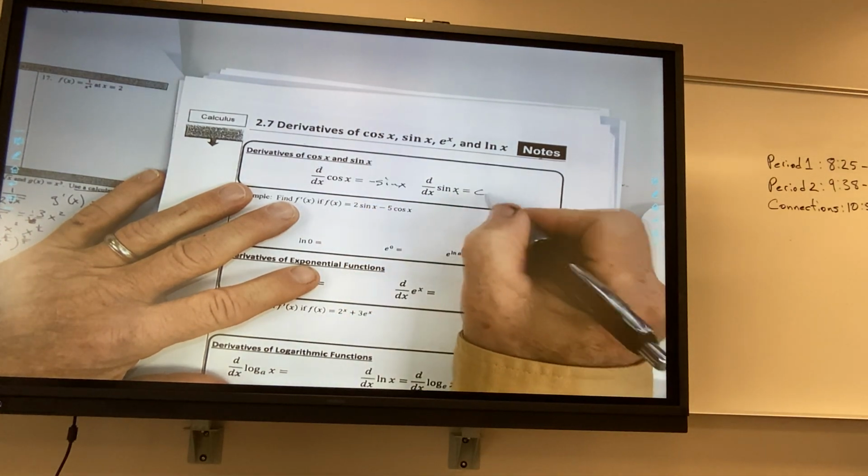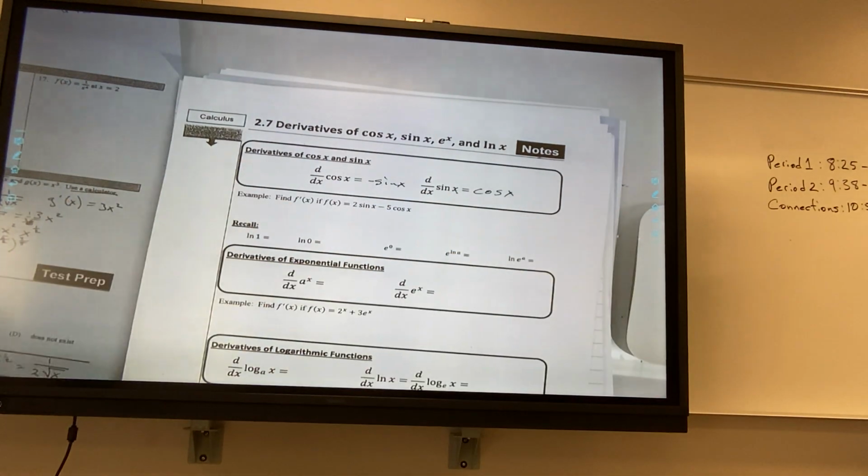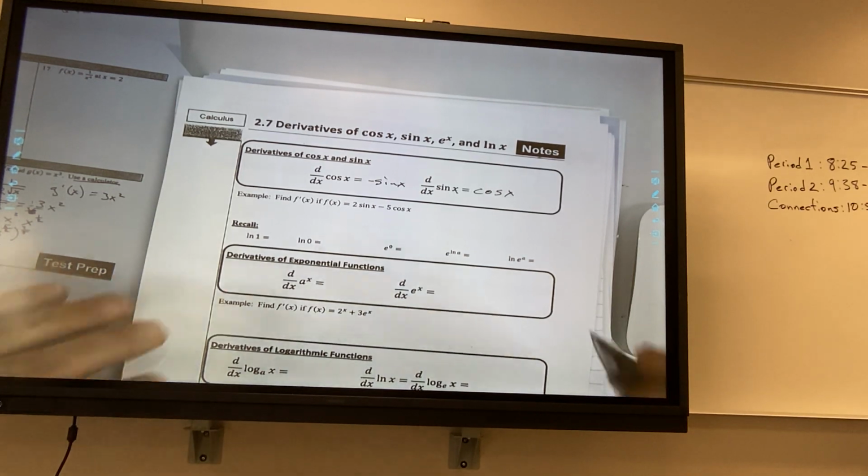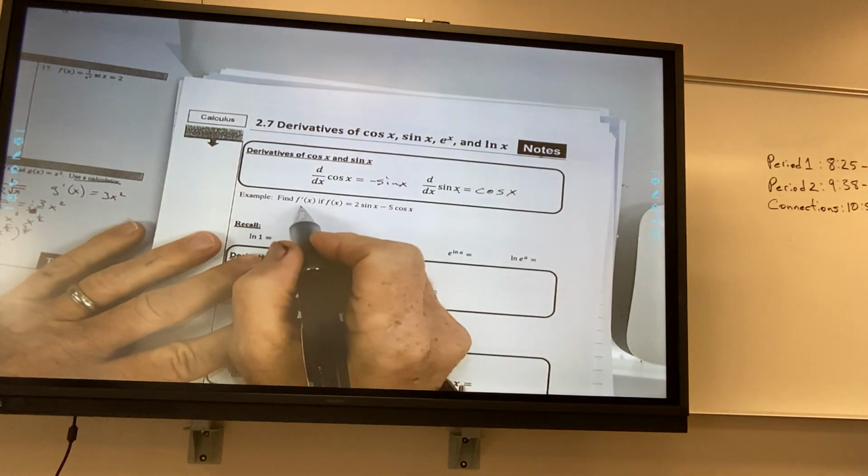Derivative of sine, cosine of x. Bingo, that's it. So if I give you this on the quiz, you're done. That's your work. So now let's take a look at this.